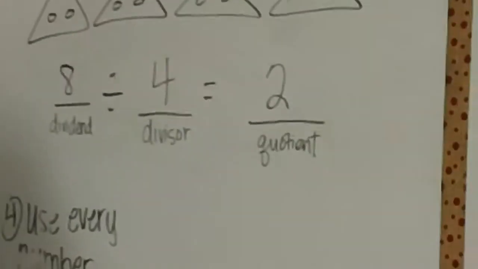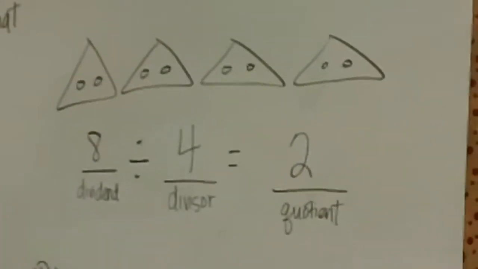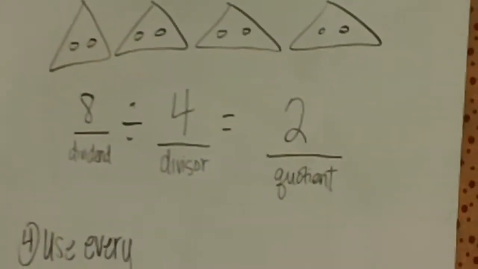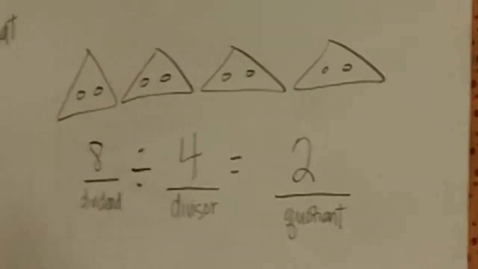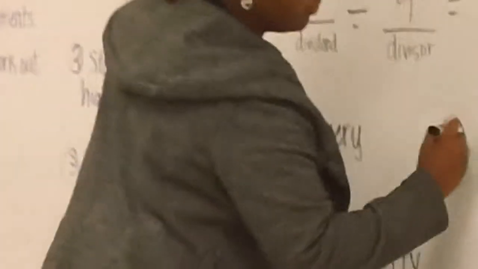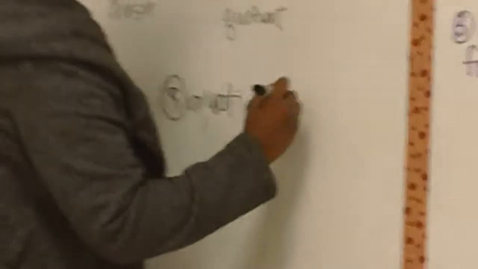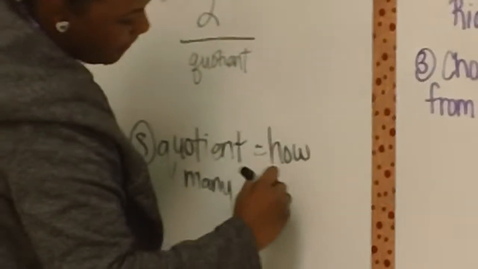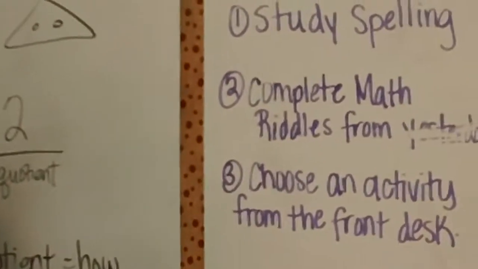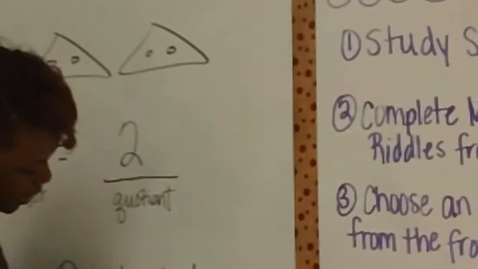So your quotient is how many each person ends up with after everything is gone. Number 8, I want you to write: quotient equals how many each person ends up with.